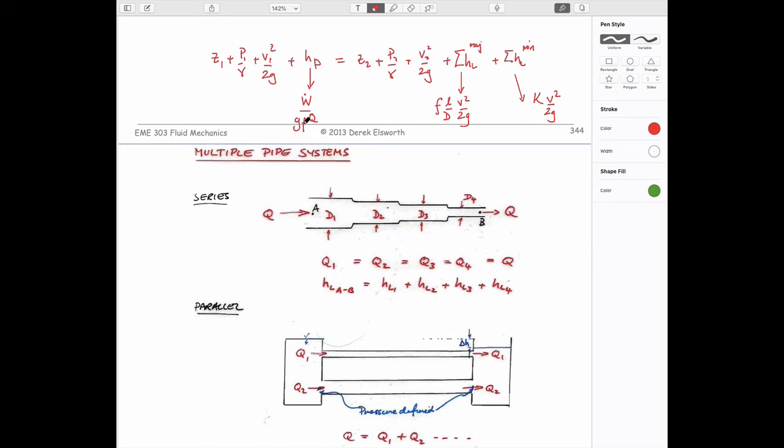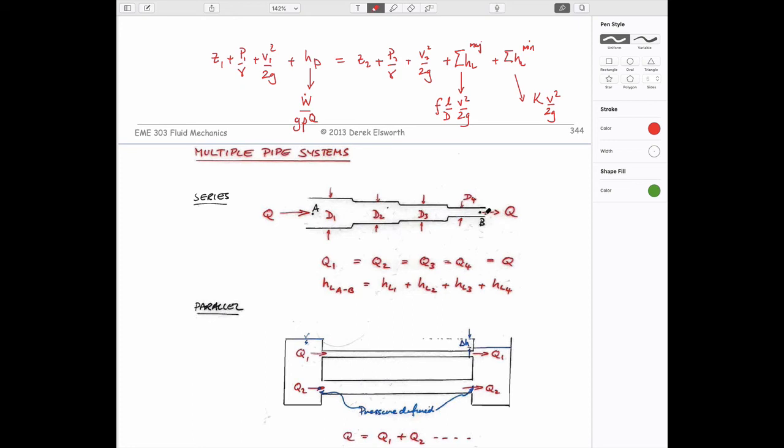And so that's our basic expression. When we look at pipe flows, they're typically on the same level, with defined behaviors at the ends of the pipes.